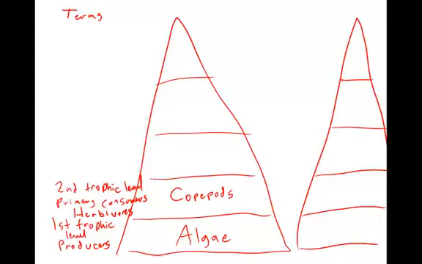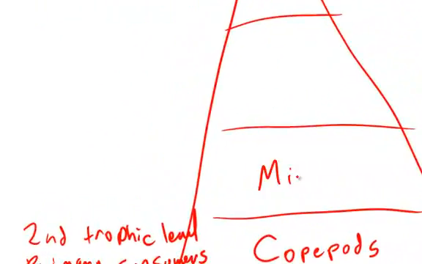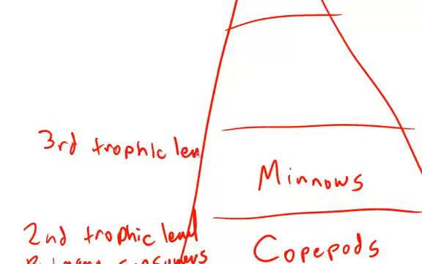The third level on our simplified aquatic food chain might be a small fish, minnows. We won't specify the species, but some kind of minnow. And this would, of course, be the third trophic level. It would be the secondary consumer.